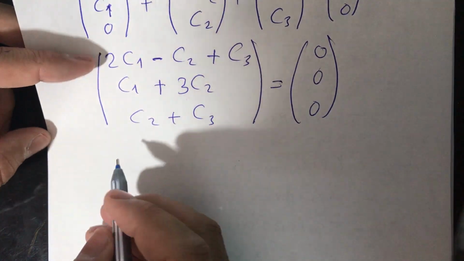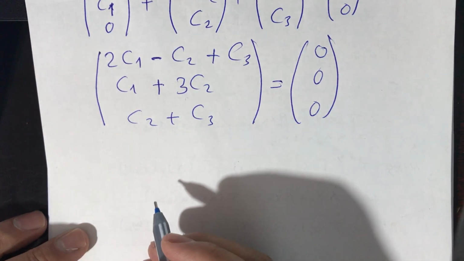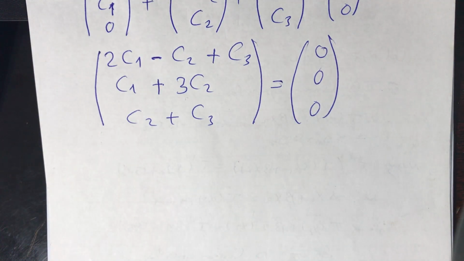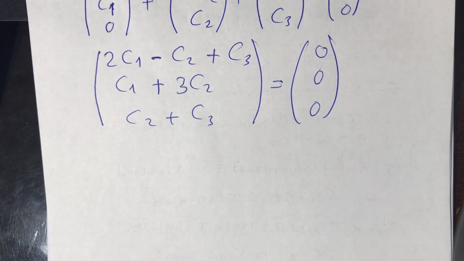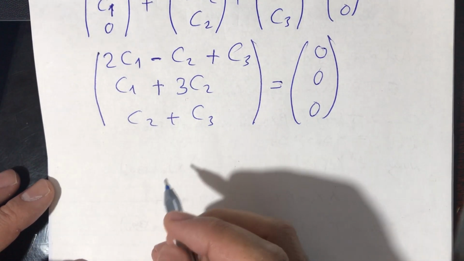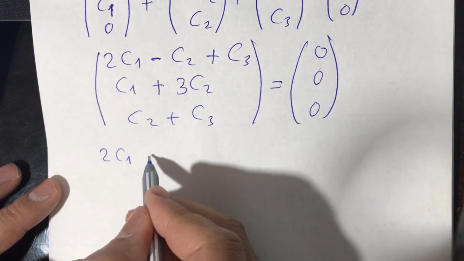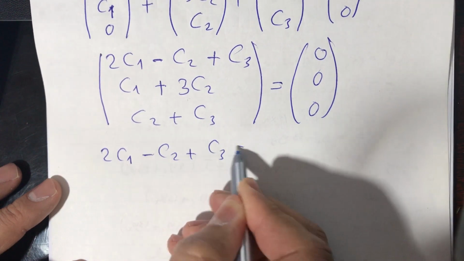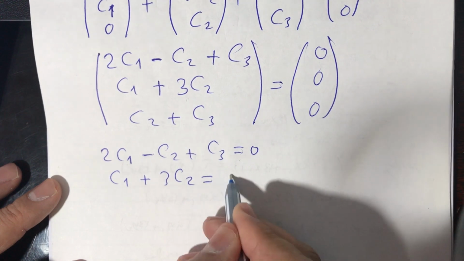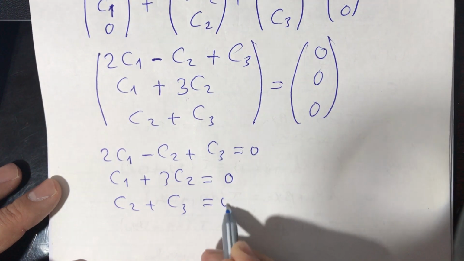This equation will be 2c1 minus c2 plus c3 is equal to 0, and c1 plus 3c2 is equal to 0, and c2 plus c3 is equal to 0.